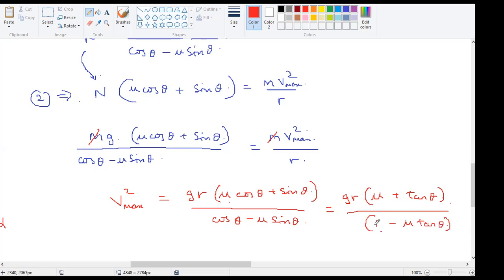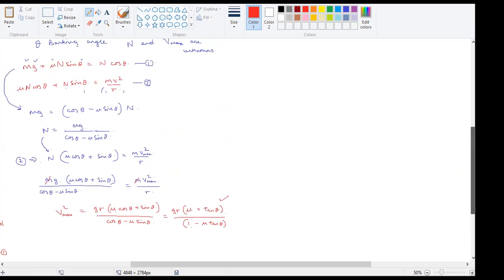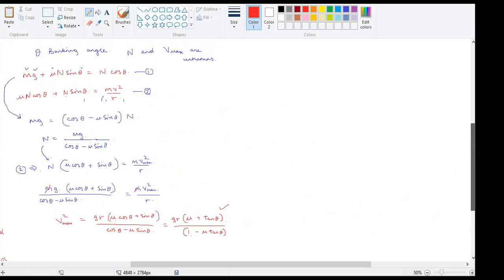Sin by cos here tan theta. So this is given in your textbook. So you can stop here, but generally we like to have it in tan theta. It's a simpler form. So is this visible? Can I keep it in this size? Yes, sir, we can see, no issues. Very simple simplification.